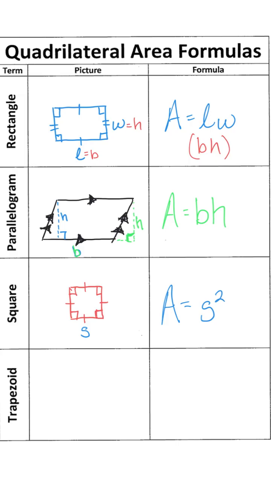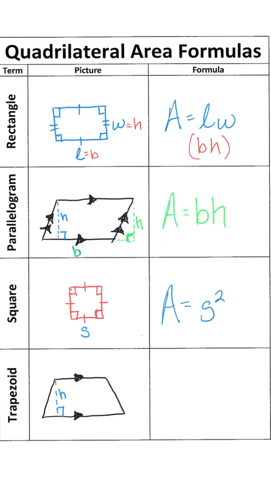And our last one for a trapezoid, I'm going to draw the trapezoid that most of you recognize as the trapezoid, and that's more of like an isosceles trapezoid. So we'll draw this, and there is a formula. So if this is my trapezoid, that means this line and this line in my trapezoid are parallel to each other. My height would be on the inside, making that 90-degree angle.